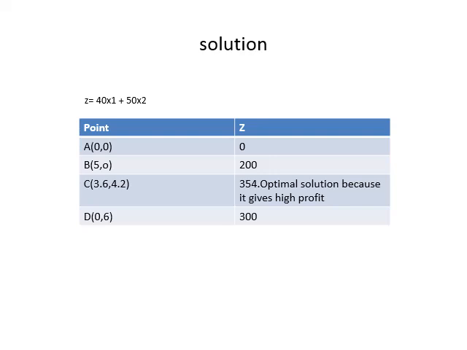The last point is point D, where x1 equals 0 and x2 equals 6. Let's substitute 40 times 0 plus 50 times 6, we will get $300.